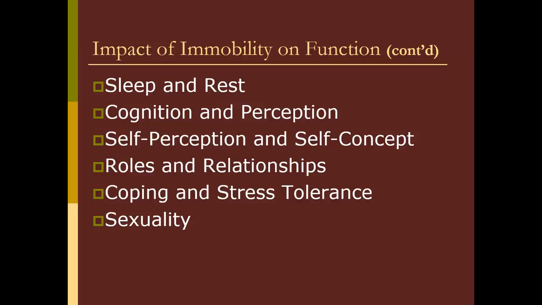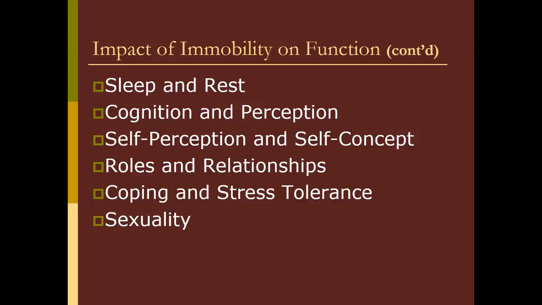So I'm going to encourage you to see your Craven text for a discussion of all of these, as well as a summary table, table 25.2, contrasting the effects of exercise with the effects of immobility on function in these different functional health pattern areas. I would also highly suggest that you review the concept map related to immobility, which is figure 25.3.